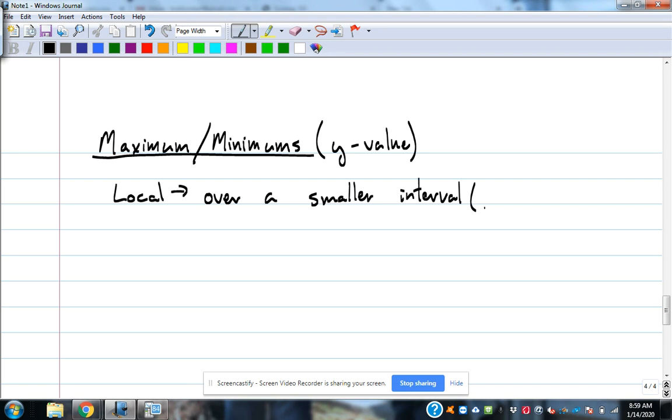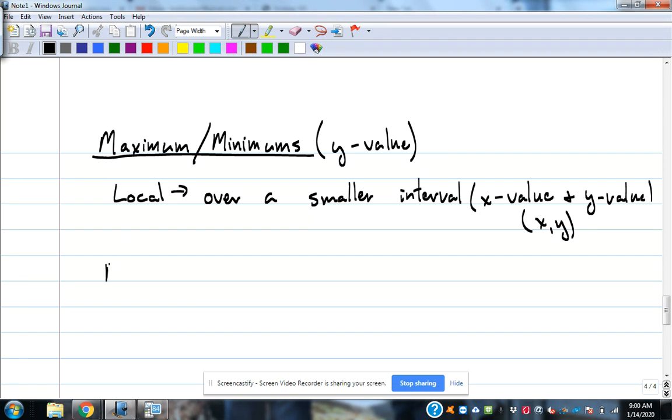And that'll be over a smaller interval. So they'll say, within a small part of the graph, where's a local max or a local min. So again, when we talk about those things, we have to think x values and y value. Maybe think ordered pair, that idea.